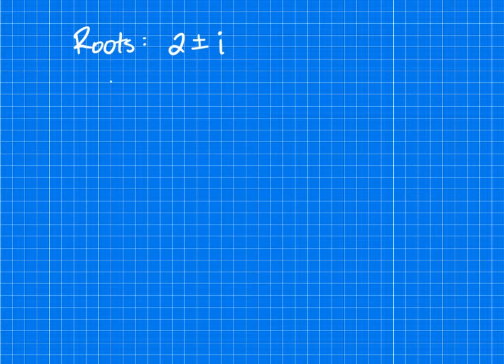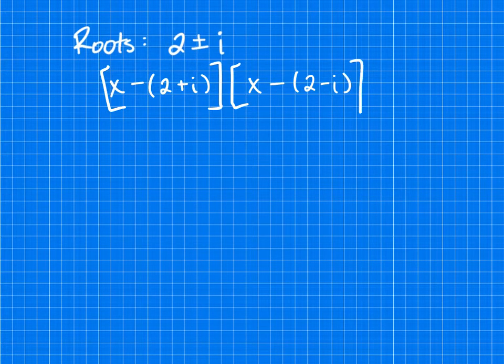So I can write this as x minus the root, so 2 plus i, that's one of my factors, times x minus the other root, 2 minus i. This doesn't look very simplified, so what I'm going to do is take that negative, and that's essentially like distributing a negative 1, and distribute it in there. So I've got x minus 2 minus i for one of my factors, and I've got x minus 2 plus i for my other factor.